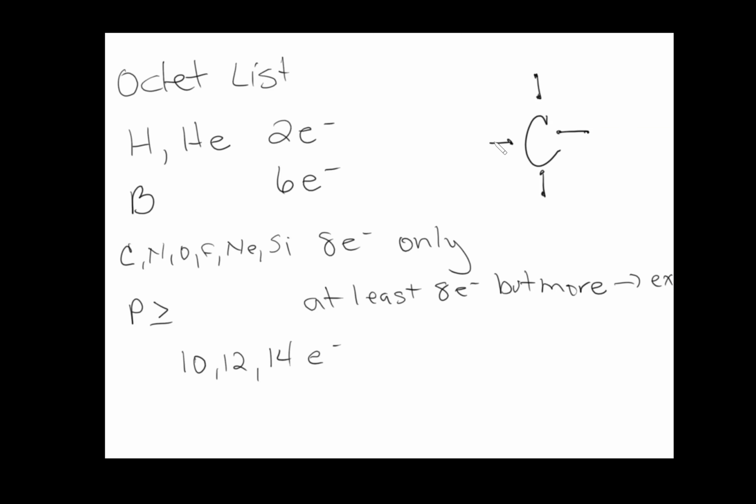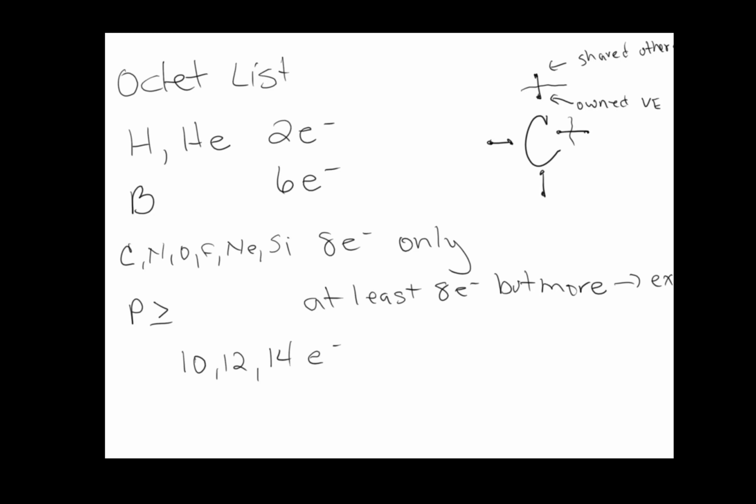When I'm talking about the octet, it is everything it owns and anything that it is sharing. So if I do a little squiggle right there, the carbon owned that. That came from its valence electron. This one is being shared. It came from another atom.